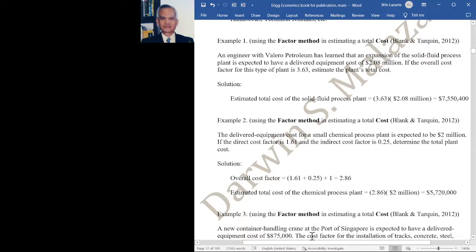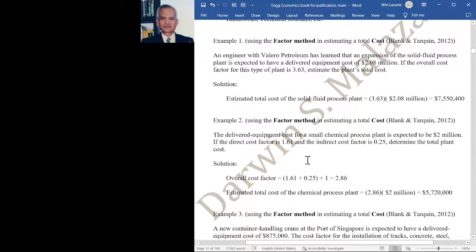An engineer with Valero Petroleum has learned that an expansion of the solid fluid process plant is expected to have a delivered equipment cost of $2.08 million. If the overall cost factor for this type of plant is 3.63, estimate the plant's total cost.